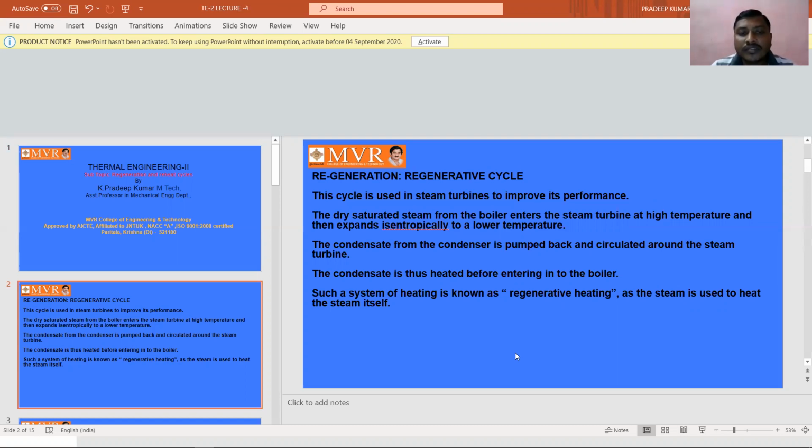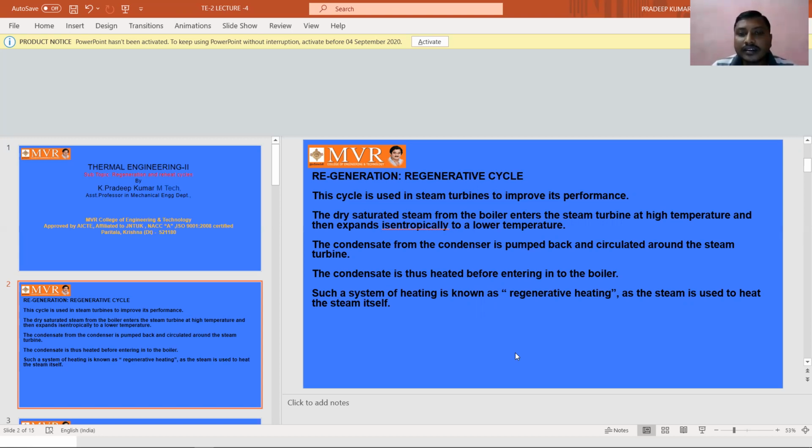Here in this slide, the dry saturated steam from the boiler, after some work steps in the boiler, the superheated steam or dry saturated steam will come from the boiler and enter the steam turbine at a high temperature and then expand isentropically to a low temperature.